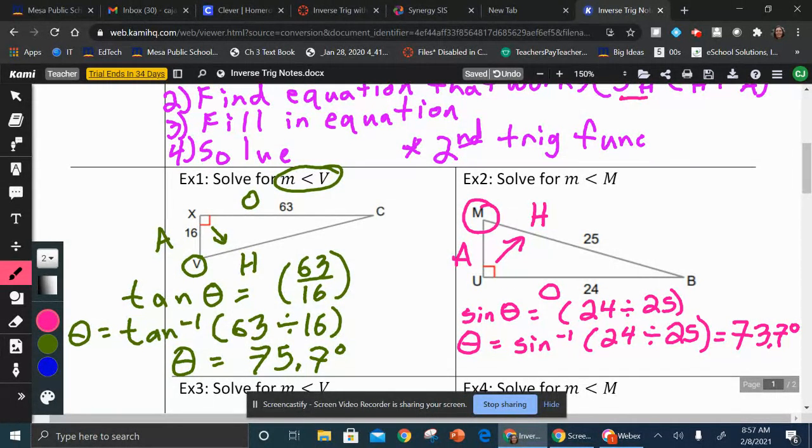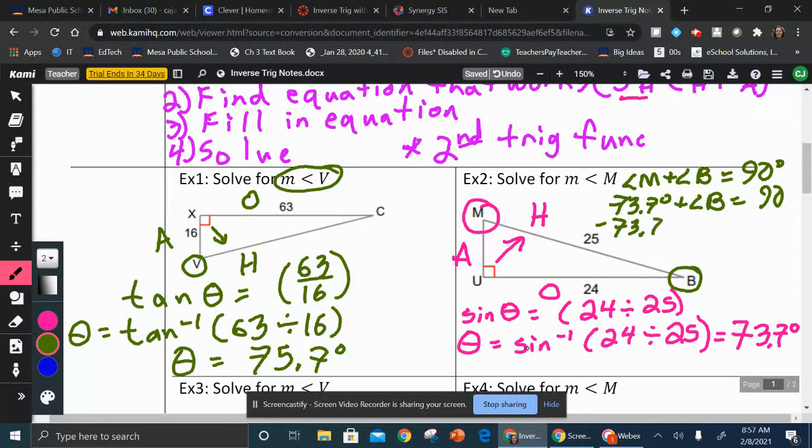If they asked us to find the measure of angle B, remember the measure of angle M plus the measure of angle B is going to equal 90. So I'm going to substitute in what I found for M, 73.7 degrees. Subtract 73.7 from each side.